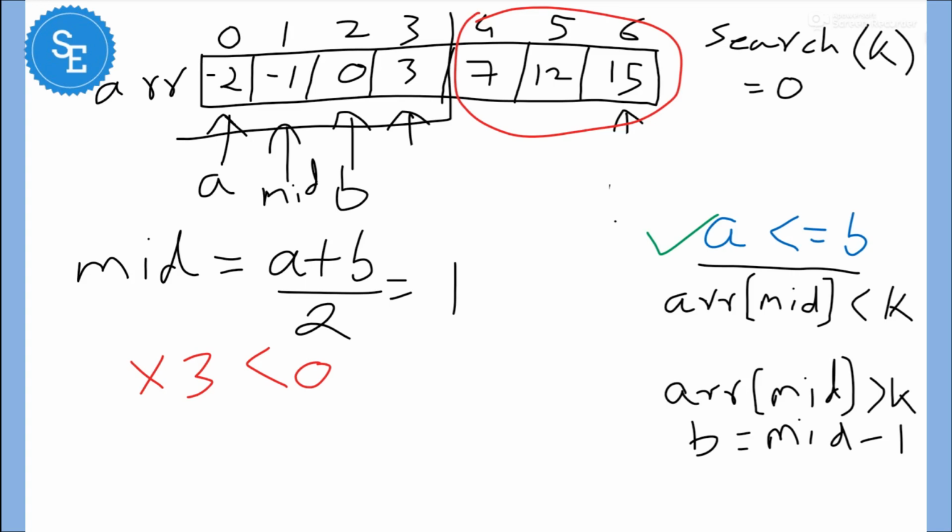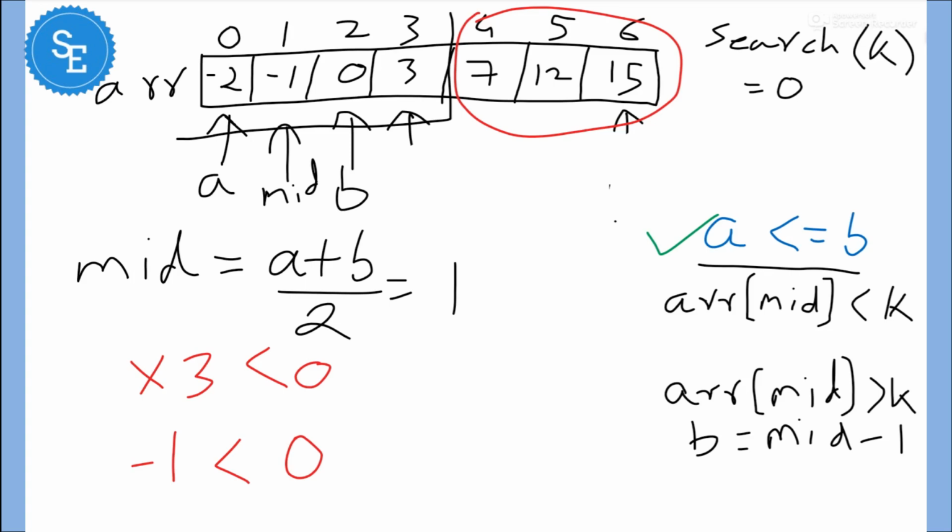Once we get a mid value of 1, again we come here and check ARR of mid, which has changed to ARR of 1. Whether ARR of 1, that is -1, is lesser than 0. This is true, so we can see that now our search should be in the second half of the array.